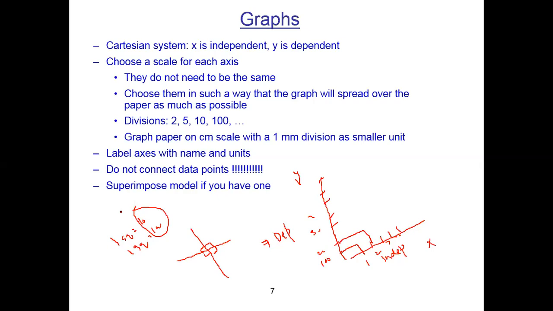But the y-axis we use for the dependent variable and the x-axis for the independent variable. Like if you want to draw the graph of speed and time, speed or velocity is a dependent variable, so velocity will be on the y-axis, and time will be on the x-axis because time is an independent variable. Then you can find the relationship, and the graph shows the relationship.